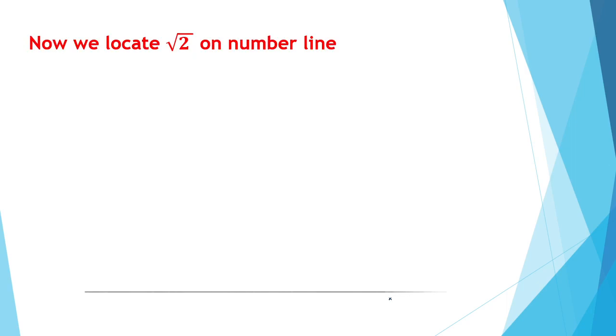Now this is the time to locate root 2 on number line. So how should we locate? Like this. Take a number line like this, horizontal and vertical line. Indicate at some distance from this place, this is the center.